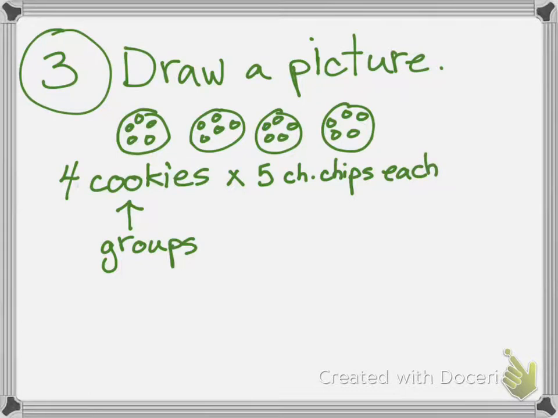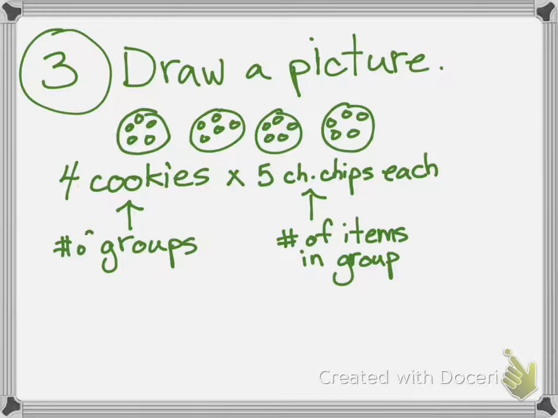So those are the number of items in the group. Okay, this one is the number of groups, and this one is the number of items in the group. Okay, I want you to pause the video until you have that all written.